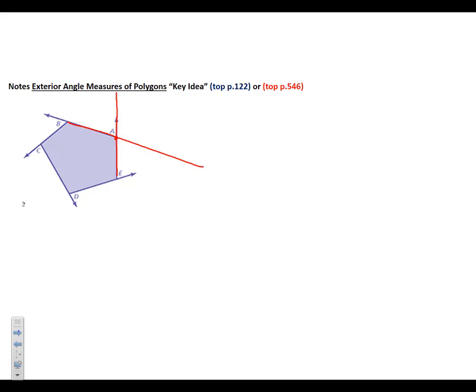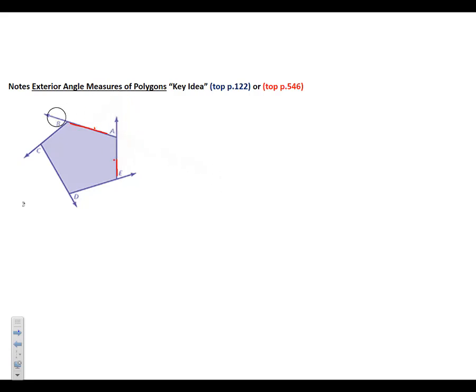And an exterior angle is one that has to be adjacent. We've learned about adjacent. So the exterior angle for this vertex A has to be this one, or it has to be this one. Either one of those two. And we can't use both. We only use one of those angles.